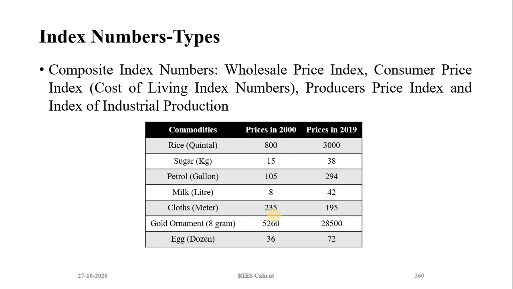This is what is called the composite price index number. So a simple price index number compares the prices of a single commodity between 2 years or a number of different years. But in a composite index number, we are comparing the prices of different commodities between 2 years.